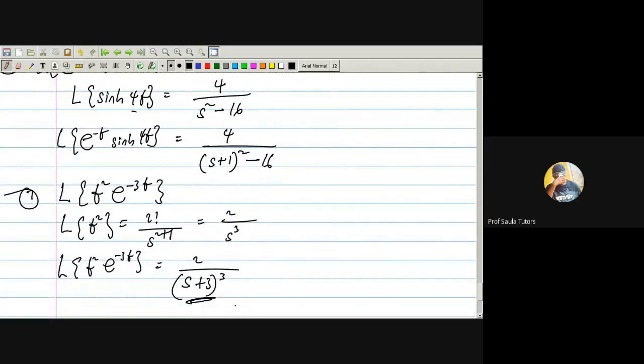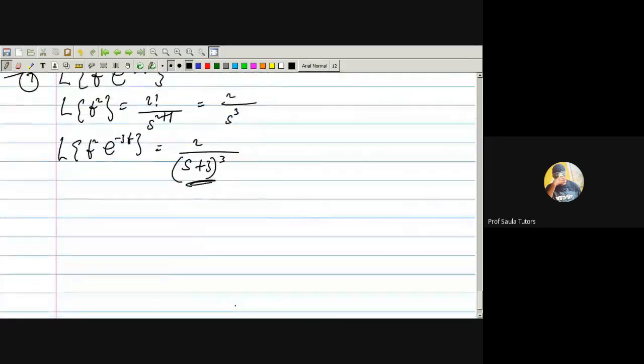It means that probably our next class will start with inverse Laplace transform. Then we will learn how to solve differential equations. Try to also revise your partial fractions. Very, very important.